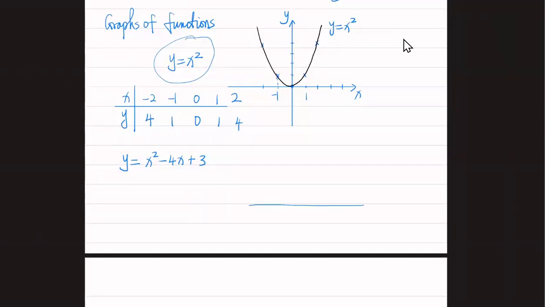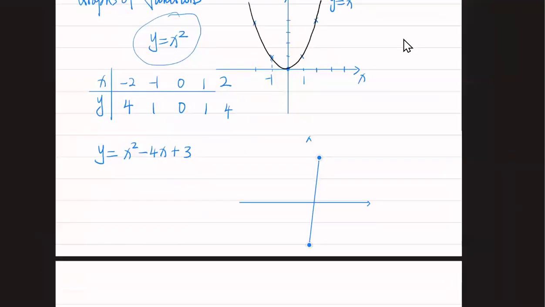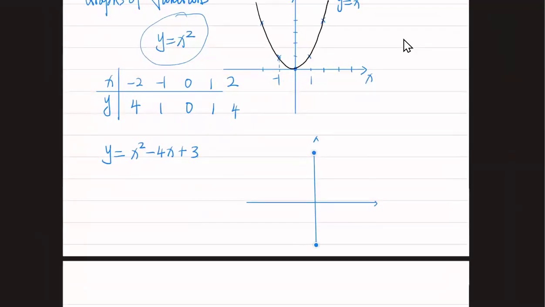We can find the first point, maybe for x it is negative 2. Okay, so there are different ways to graph this.